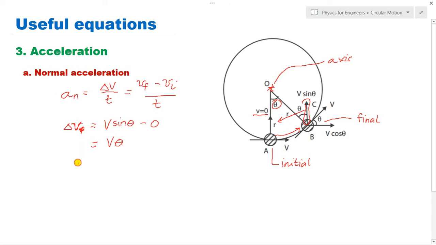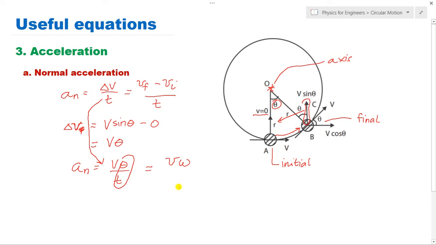Therefore, our normal acceleration a_n is just equal to v theta all over time. And then, recall that from the previous section, we know that this theta over t is just equal to the angular velocity, so this is omega.